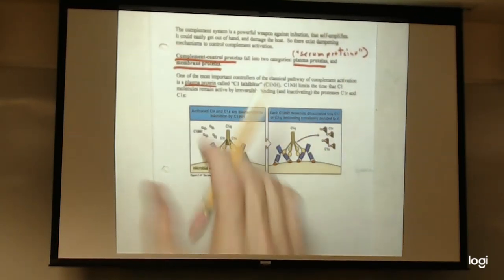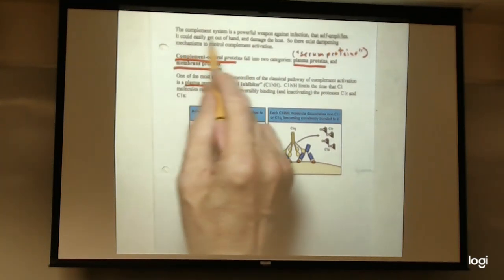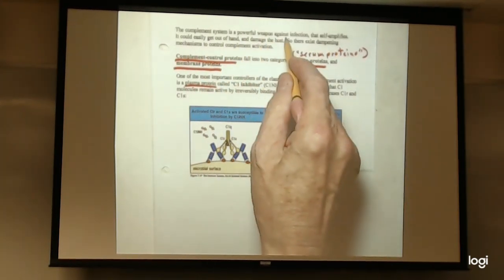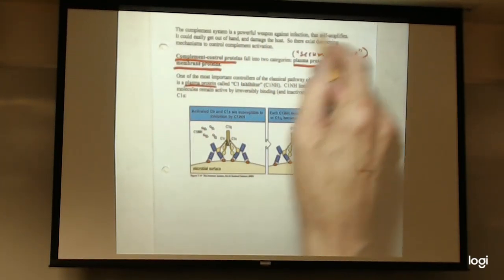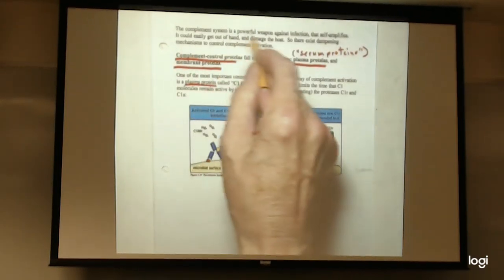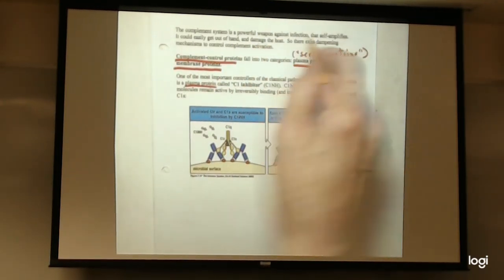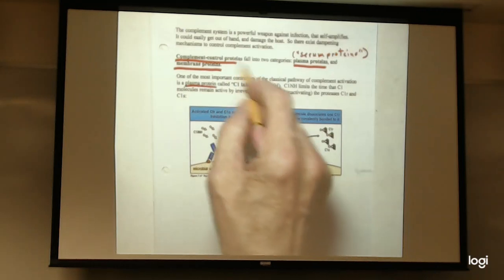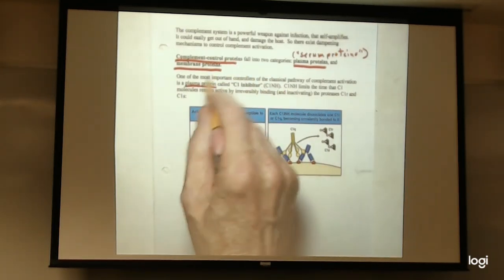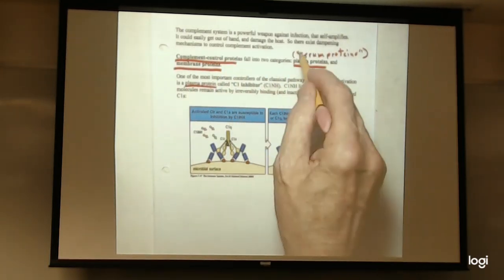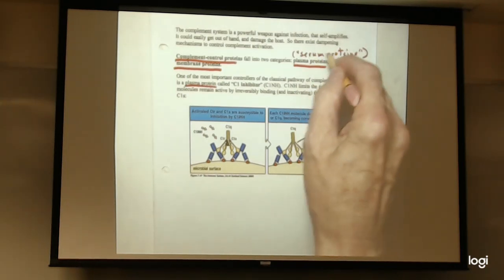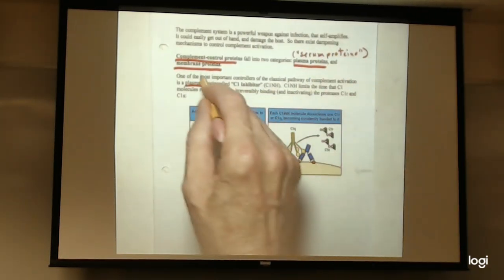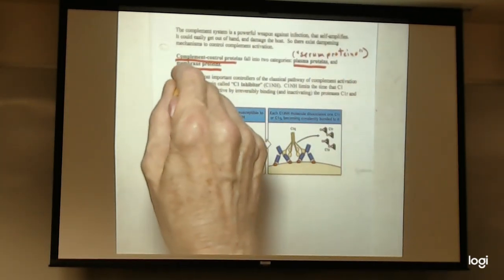So I guess I'll read this out. Complement is a powerful weapon against infection that self-amplifies, easily gets out of hand and damages the host. There exist dampening mechanisms to control it, and there are two kinds of these here: dampening proteins that live in the blood, so-called serum proteins, and then membrane proteins that will dampen it down.